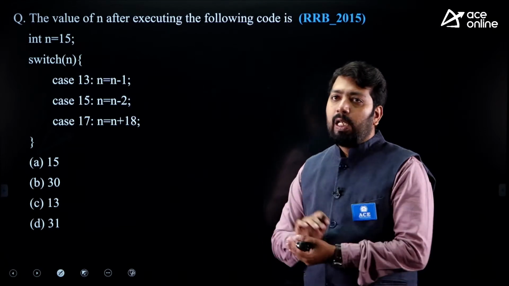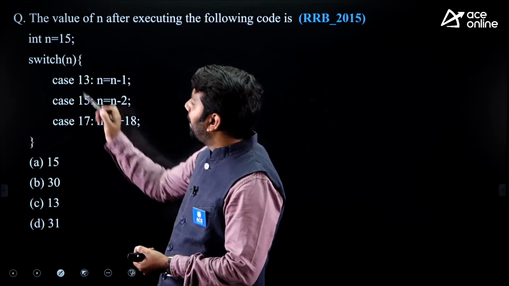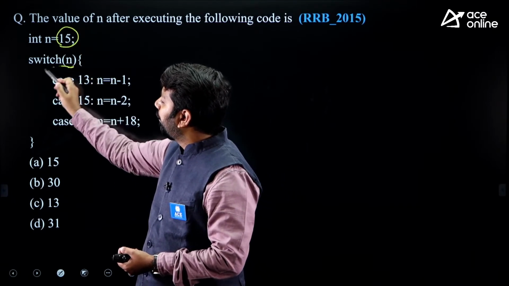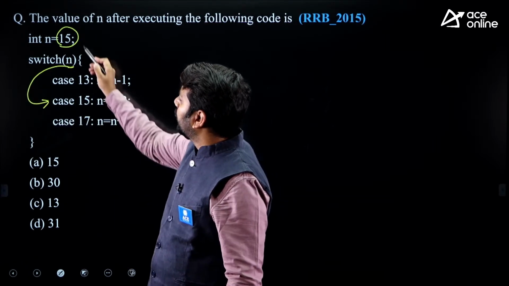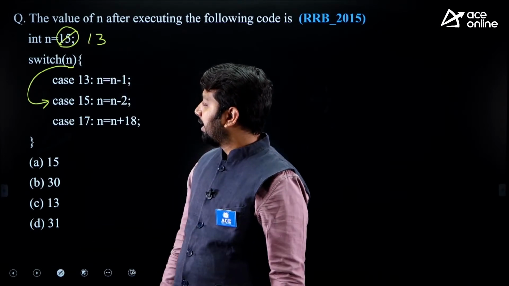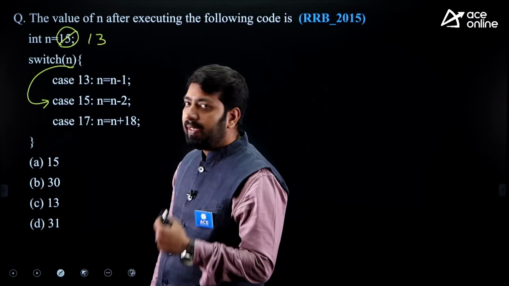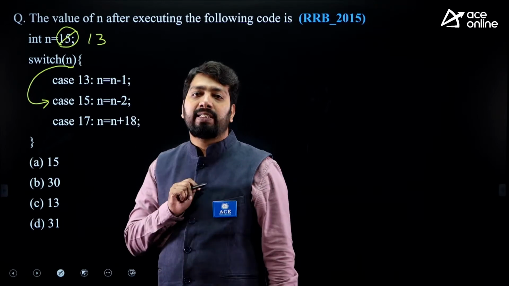So, look. In switch, first we jump into the matching case. Our n is 15, so we will directly jump to this case. n equal to n minus 2, so n becomes 13. Now you might be thinking the answer should be 13. No. After this, there is no break statement.